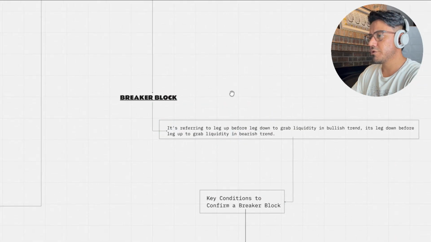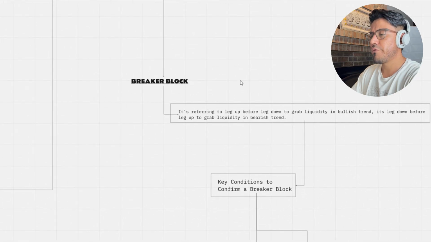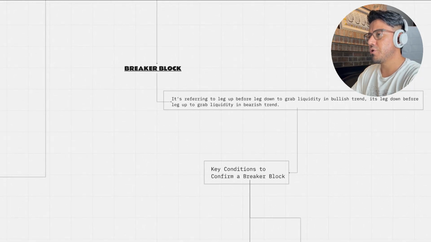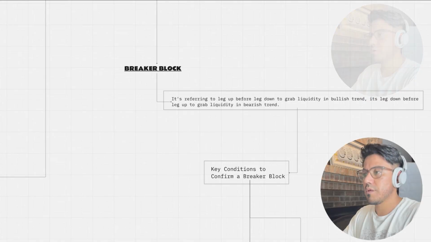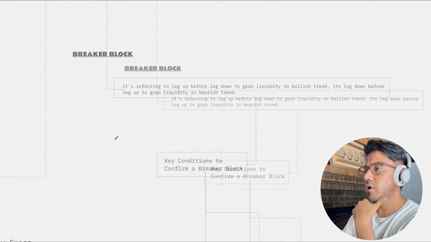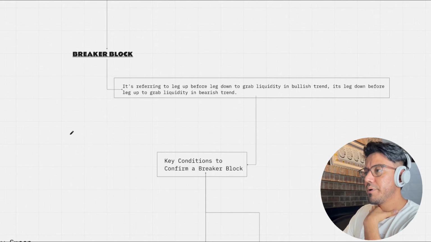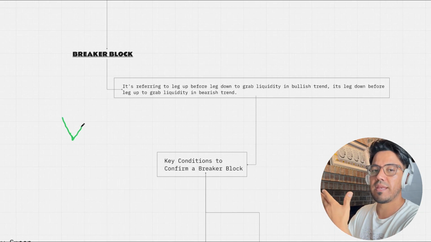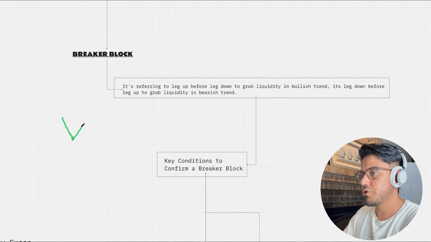The fourth major component of the ICT Unicorn model is the breaker block. The breaker block refers to a leg up before a leg down that grabs the liquidity and displacement. I'm going to show you through drawing and then later on the charts too.